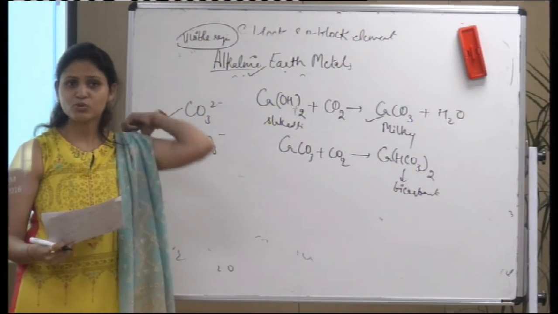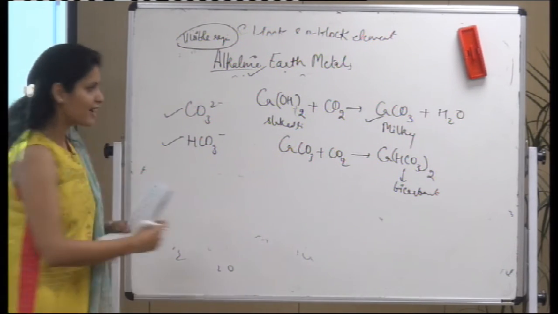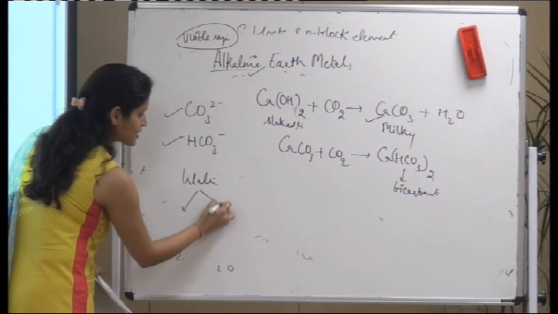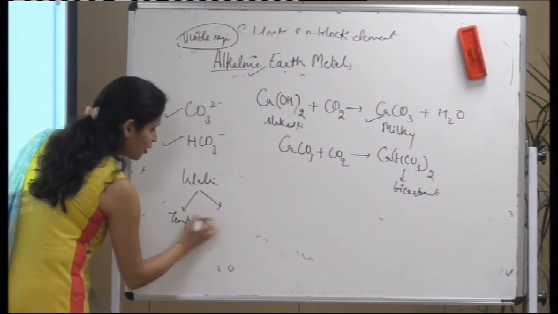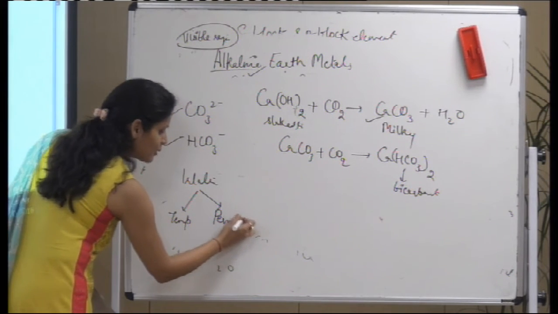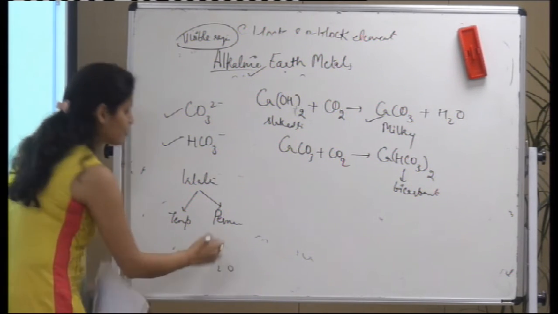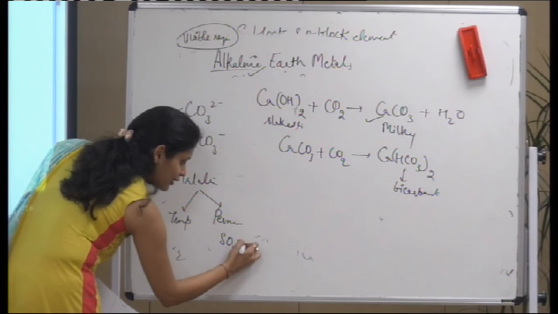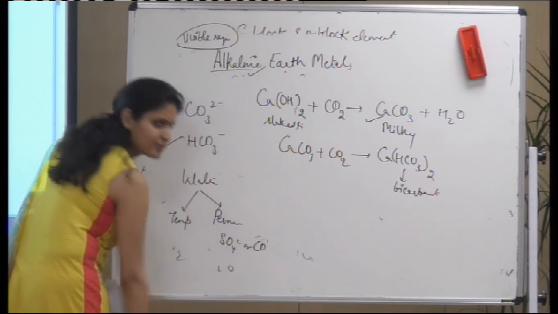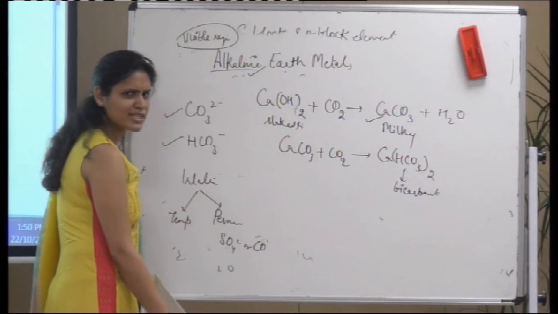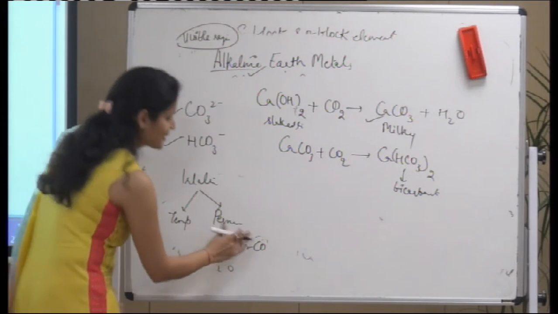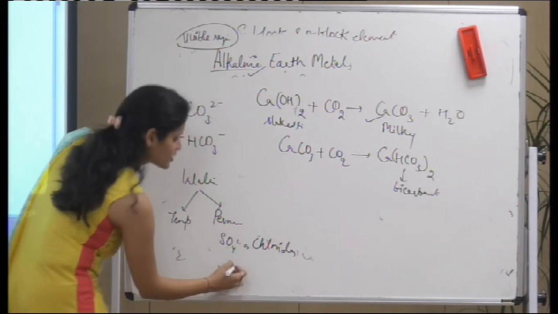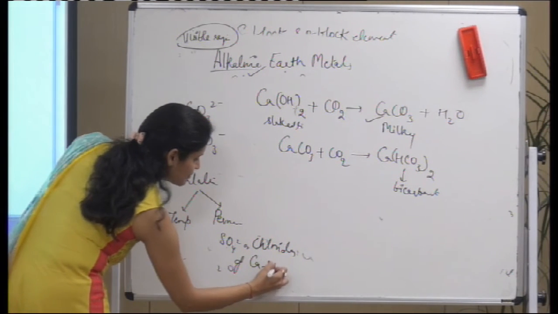What is the reason for temporary and permanent hardness of water? It is due to the presence of... how do we classify water in terms of hardness? It is either temporary or permanent. Permanent hardness is when the water contains sulfates or chlorides of calcium and magnesium.